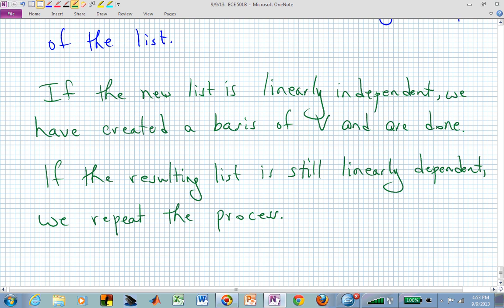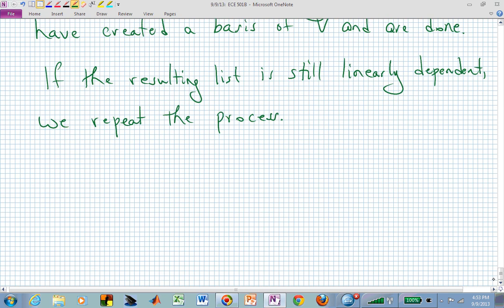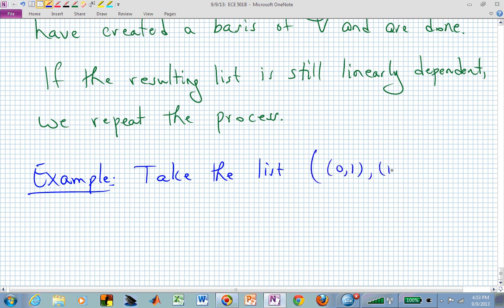That's the reduction process. We can go back to one of our earlier examples, the last example of those 4. We could take this list of (0,1), (1,0), (1,1).